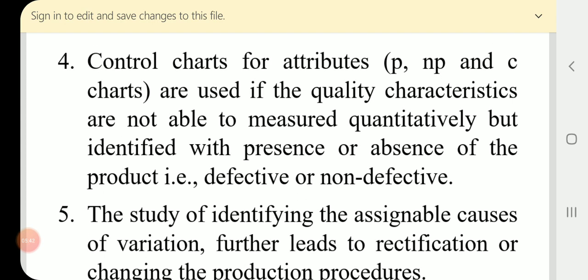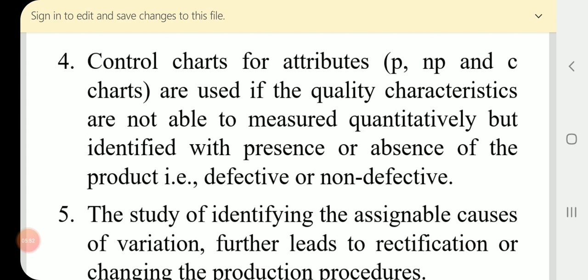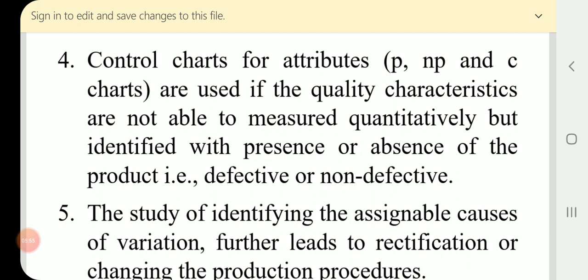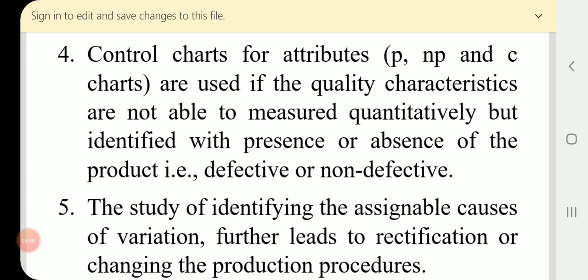Therefore, we can specify only with the help of presence or absence. Usually in industries or companies, they only measure whether the item is defective or non-defective. In such a case, control charts for attributes are going to be used.